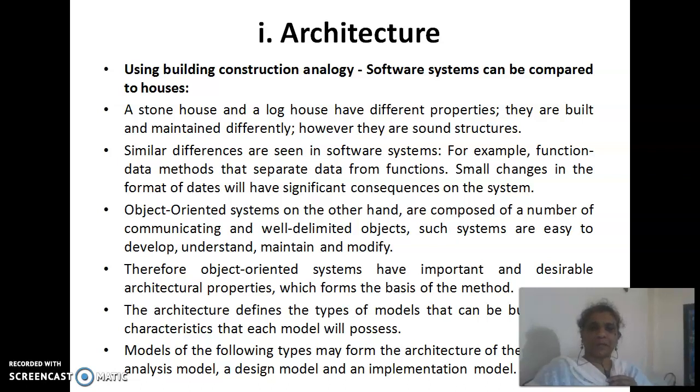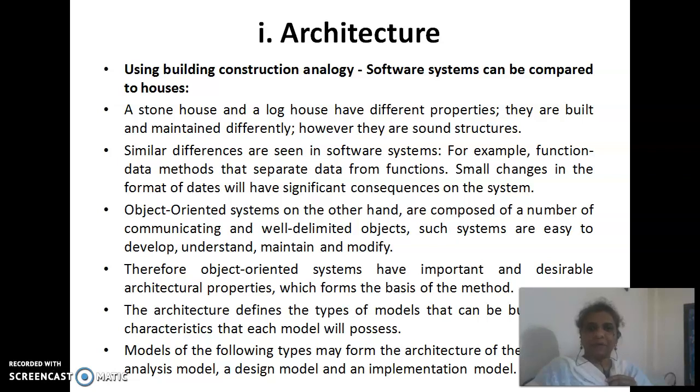Coming to the architecture, using the building construction analogy that we have already seen in the previous classes, software systems can be compared to houses. A stone house and a log house have different properties. They are built and maintained differently. However, they are sound structures. Similar differences are seen in software systems.